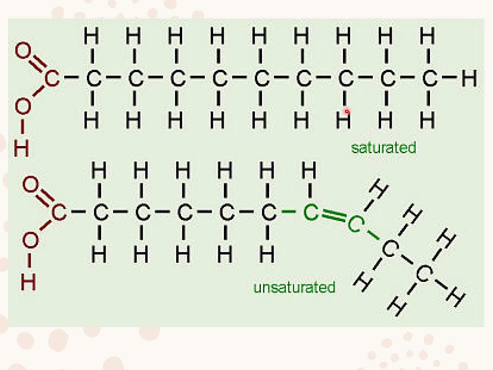And notice that in the saturated version, there are more H molecules than in the unsaturated version. Okay. And this is one of the reasons why saturated fats are going to be more solid in nature in comparison to unsaturated, which is going to be more liquid in nature, because these unsaturated fats have more room to move.